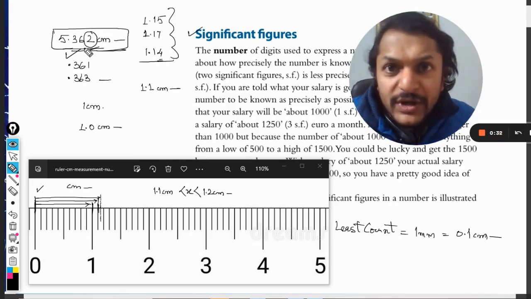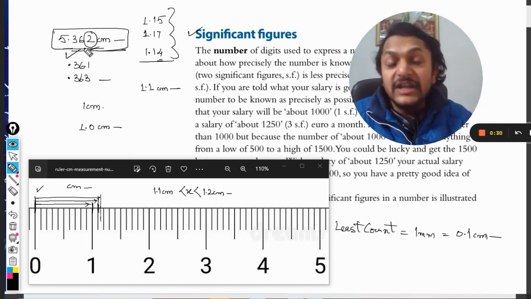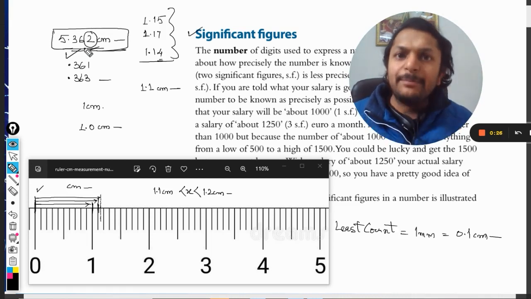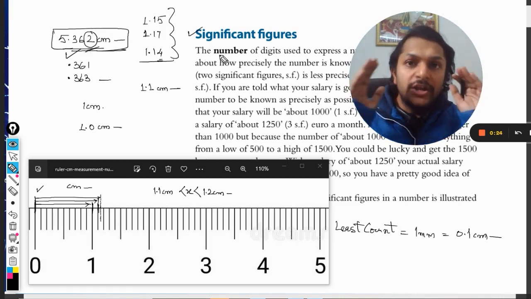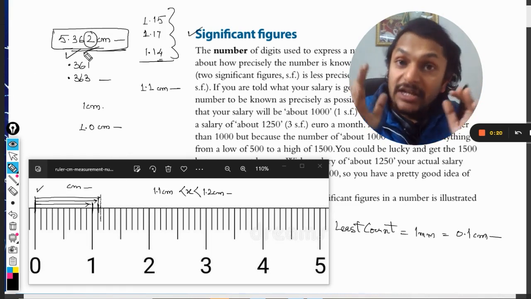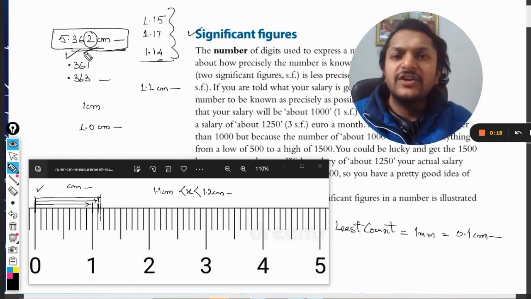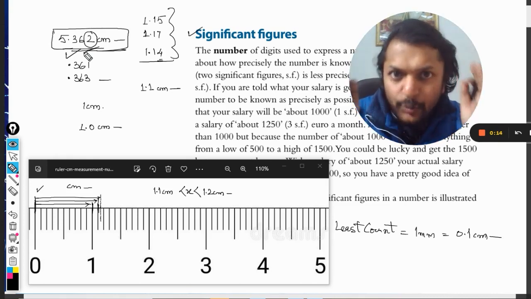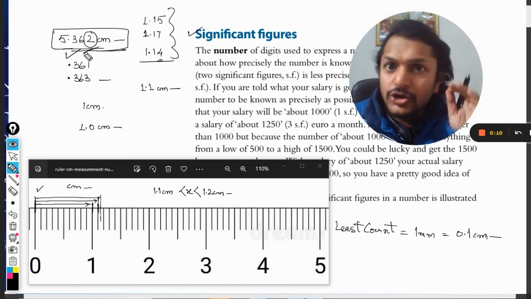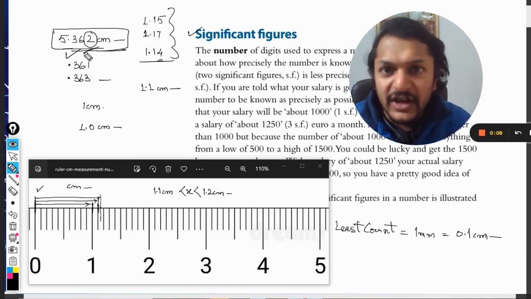This is the situation where the topic of significant figures comes into the picture. Significant figures are the number of digits in the reported value for which we are pretty sure. These digits are supposed to be there in the measurement, we are 100% sure about them, and those digits are called significant figures.